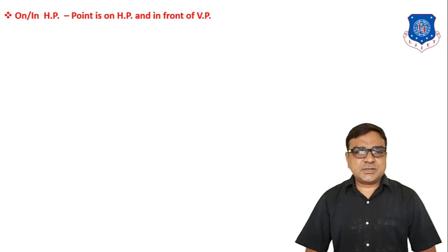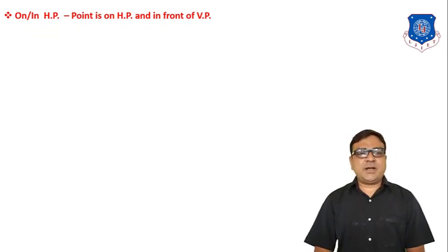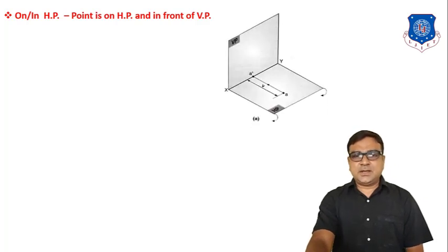Our next position of the point is on or in HP, which means the point is on HP and in front of VP. So in this horizontal plane and vertical plane, suppose our point is on HP and in front of VP.